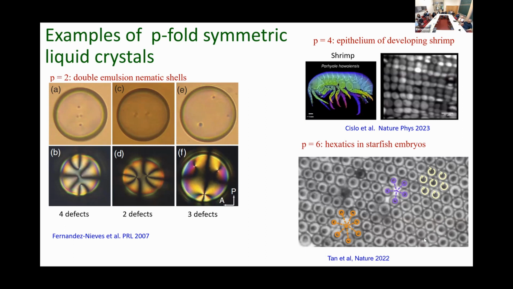At the risk of beating a dead horse, this is just a local hexatic symmetry. Are you using the word hexatic in the formal sense of quasi-long-range order? Oh, I just mean rotational symmetry, it doesn't have to be.